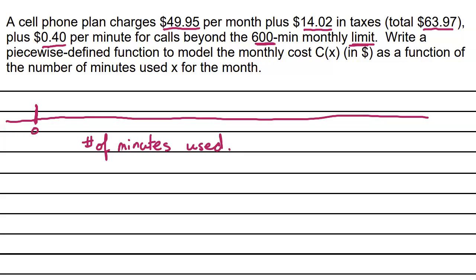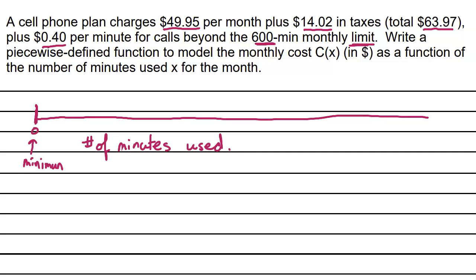We can maybe have a negative amount because of us overusing them, things like that, but not really. We can't use a negative number of minutes. So the minimum number of minutes used is 0.